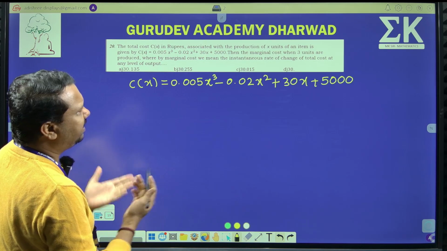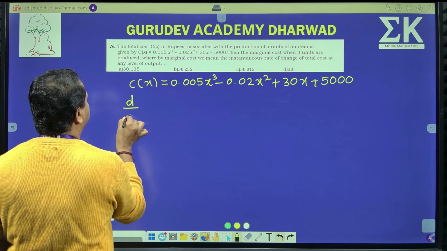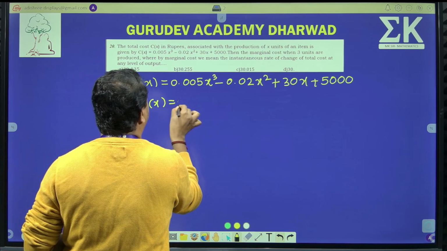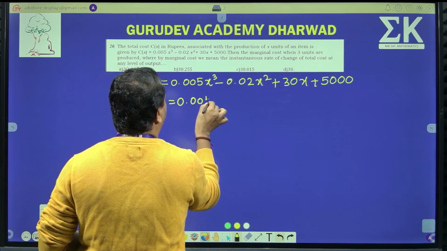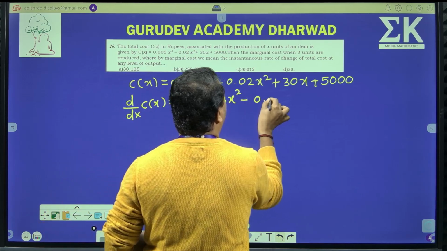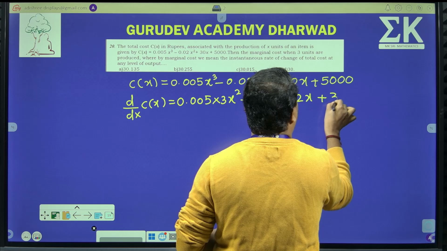Right. So what do you mean by marginal cost? We know that it is nothing but the rate of change of the function, that is C dash of x. So it will become 0.005 into 3x square minus 0.02 into 2x plus 30.